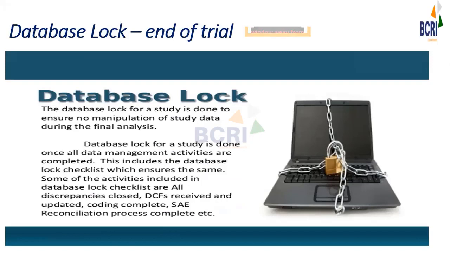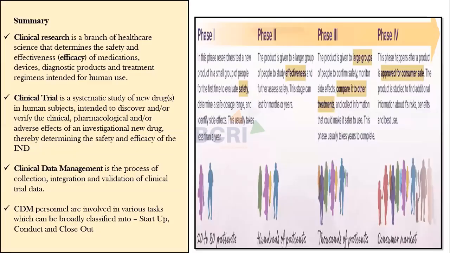So as I was mentioning about the study closure or database lock, it's a very important process. Now this is just to summarize the entire clinical research and clinical trials, and clinical data management, about which we are going to study once you take up this course. So we know clinical research and clinical trials are trying to prove two things: safety of the individual and efficacy of the medication.